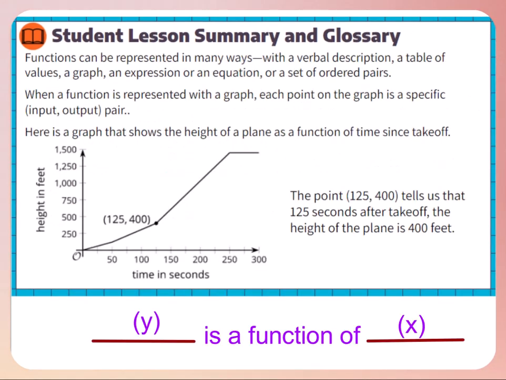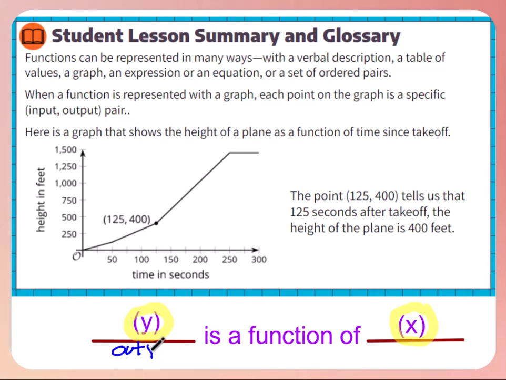All right, I'm going to go over this with you because we're going to get into this in the next lesson. We always write this sentence starting with y. Y is always going to be our answer. Our answer, our y, or our output, another way to say it, is a function of x, or our input. Let me write those words down. You write them down in your book also.